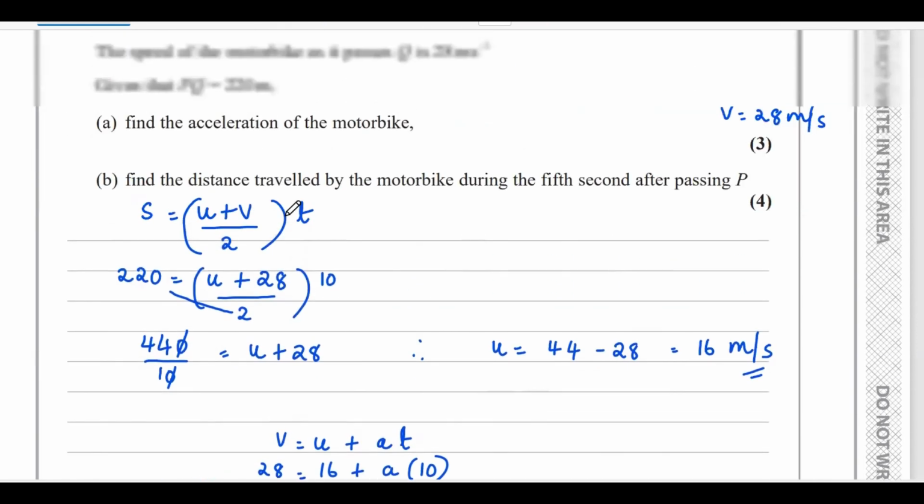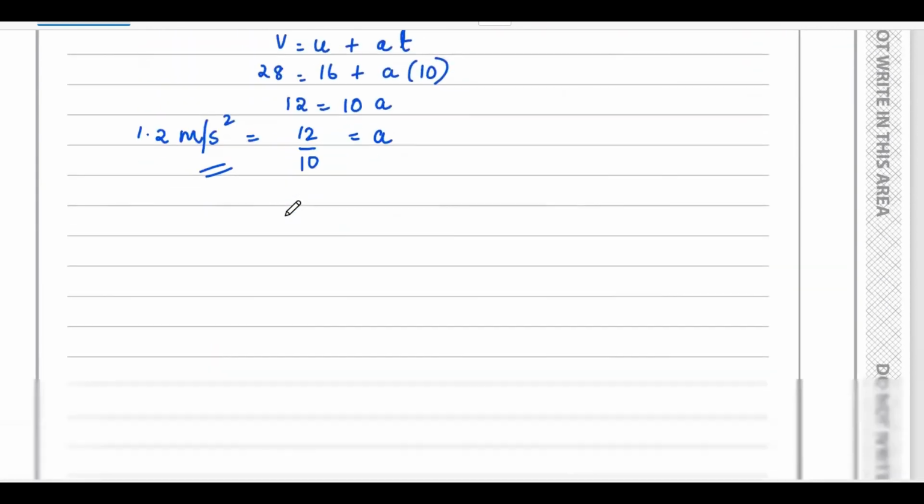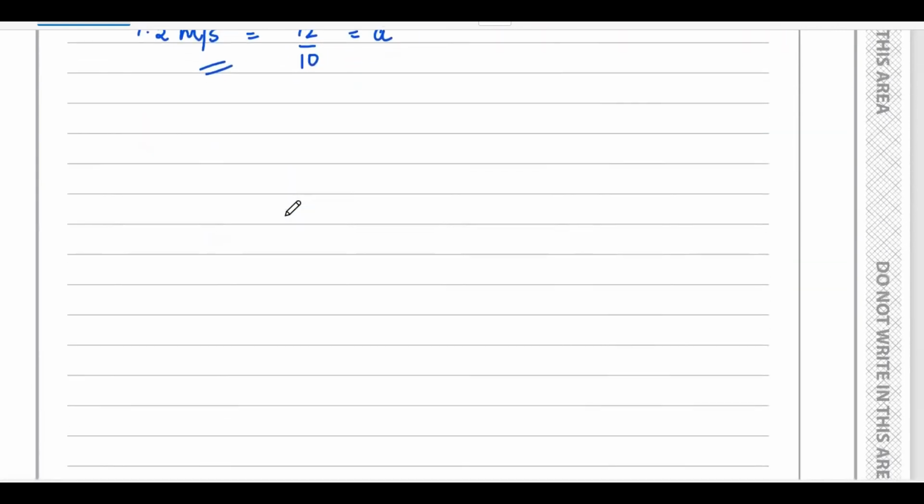Now, the second part here: find the distance traveled by the motorbike during the 5th second after passing P. For part B, to find the distance during the 5th second means the distance traveled by the particle for the first 5 seconds minus the distance traveled by the particle during the first 4 seconds will give you the distance traveled during the 5th second.